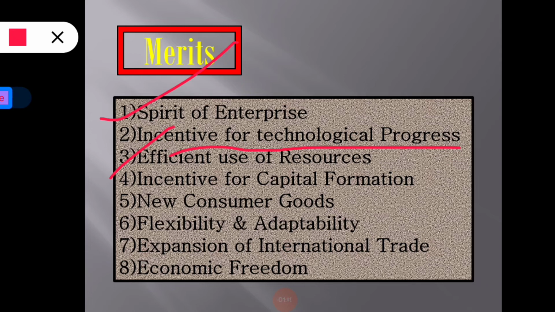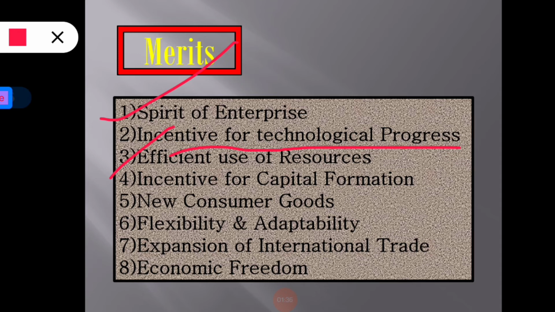In a capitalistic economy, efficient individuals are rewarded and inefficient ones are penalized. Producers are under constant pressure to maximize efficiency of resources and keep costs to a minimum in order to earn high profits. Similarly, the workers work most efficiently in order to earn higher incomes.